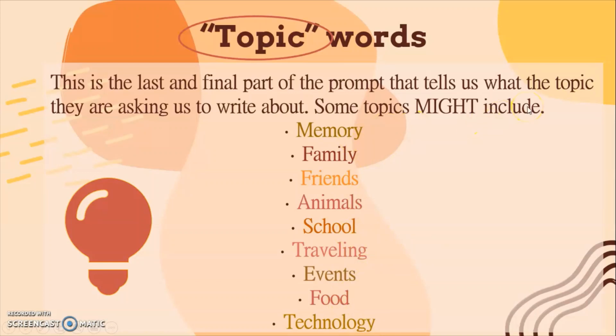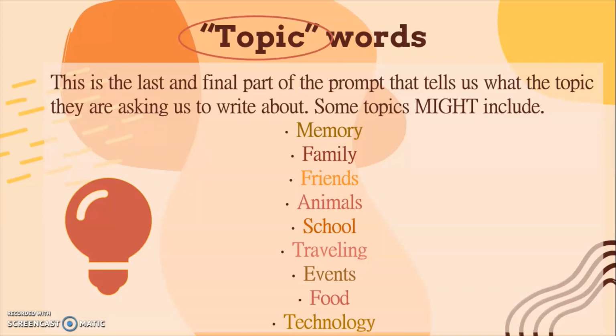So last week we were writing about our favorite place in Texas. So that might include traveling if it's not here in the hometown. You might have even used some examples that talked a little bit about events or maybe the food that you eat there when you visit a different city. So these are definitely helpful topics that we will be noticing in every single prompt in every single week.